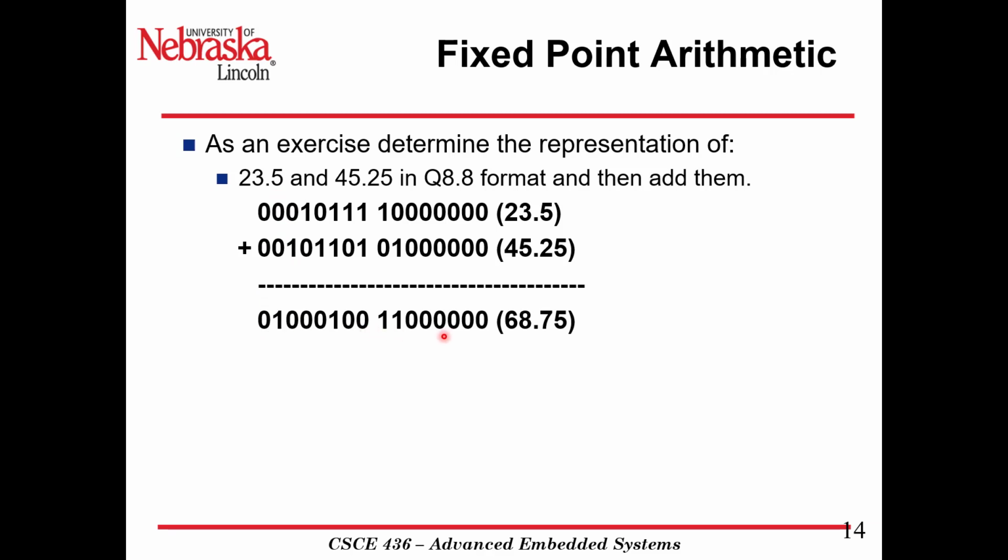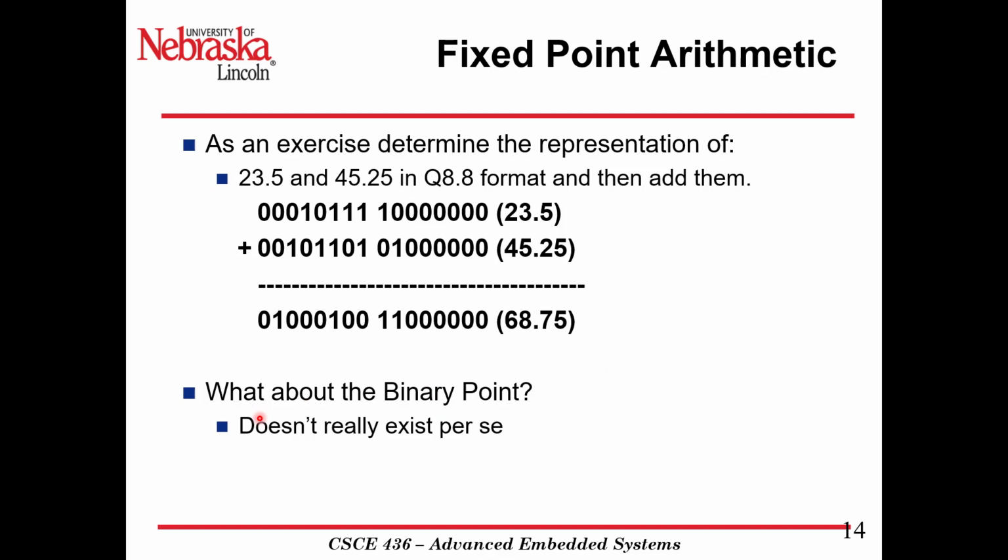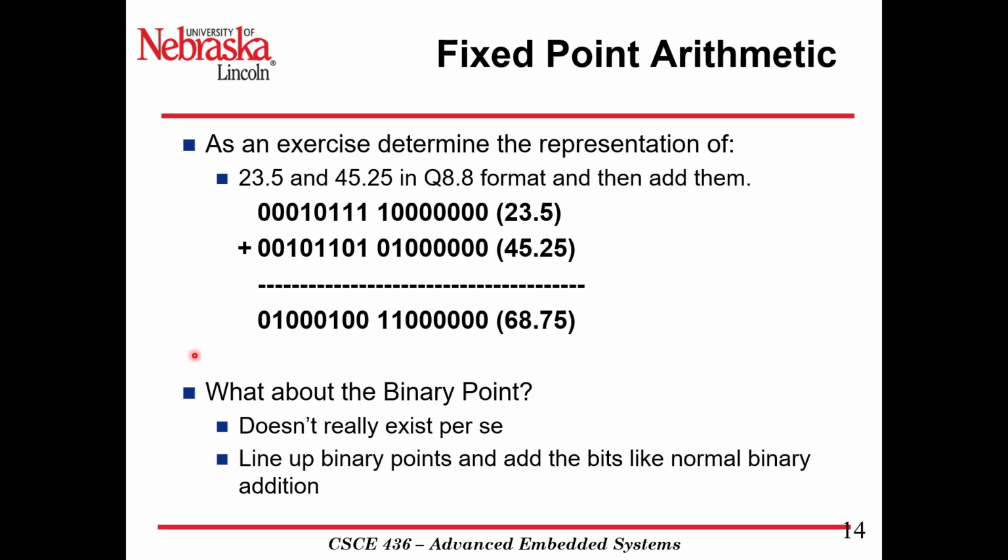Now we have this number, which translates to 68.75 in decimal. That binary point, again, I didn't show it here because it doesn't really exist. Make sure when you're adding numbers that you line up those binary points, and add bits normally, just like in regular binary addition.